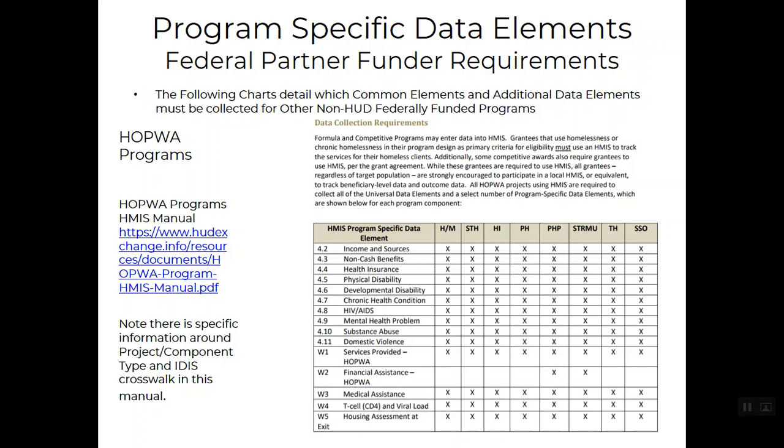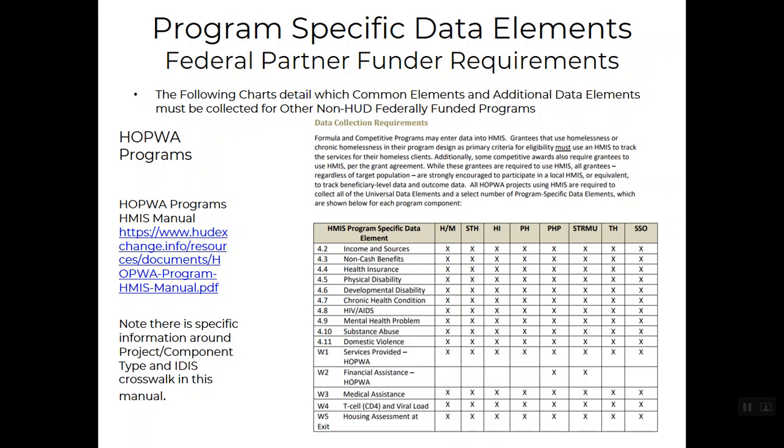All Hopper projects using HMIS are required to collect the universal data elements and the select number of program-specific data elements, which are shown below for each program component. And again, if you are a Hopper program that uses homelessness or chronic homelessness in your program design or eligibility criteria, then you must collect data for that program and all clients in that program in an HMIS.